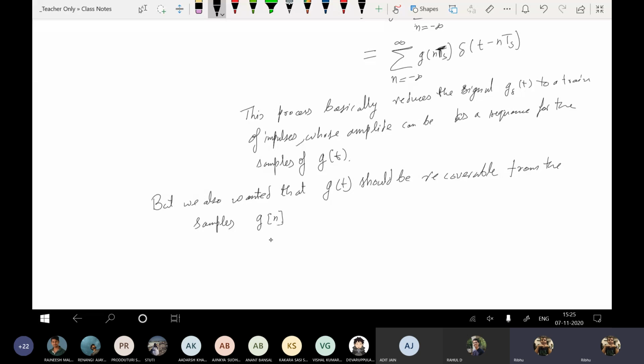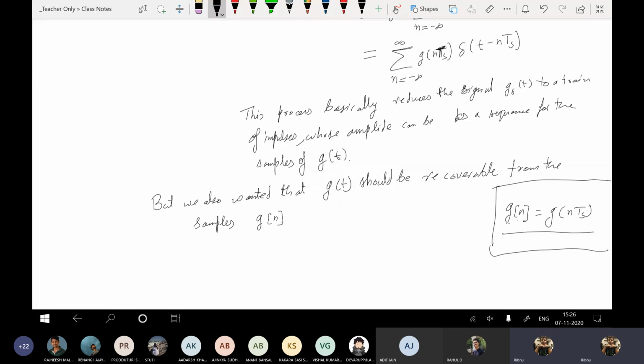So I define this equation, which is slightly important to understand. You're basically taking the samples of g(t), right? I'm taking the samples of g(t) at time instant nTs and mapping that to a discrete time sequence g[n].